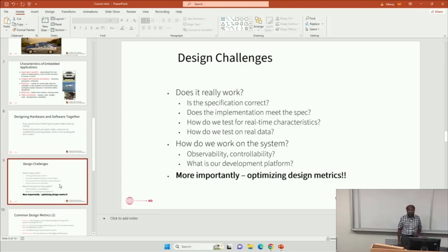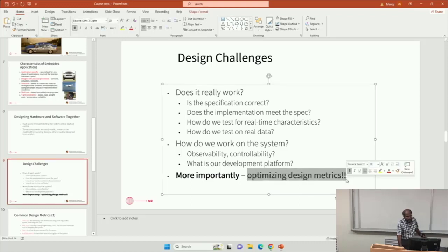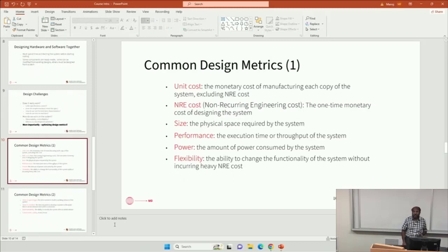So there are a lot of challenges in designing an embedded system. We have to make sure the specification is correct, things like that. And most importantly, we have to optimize a bunch of design metrics, which unfortunately are sometimes contradictory to each other.